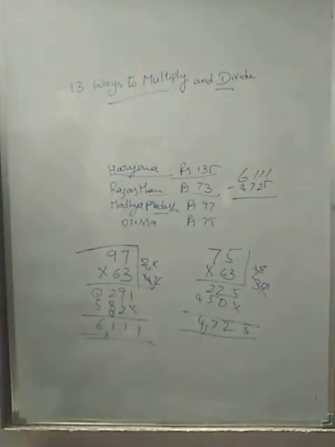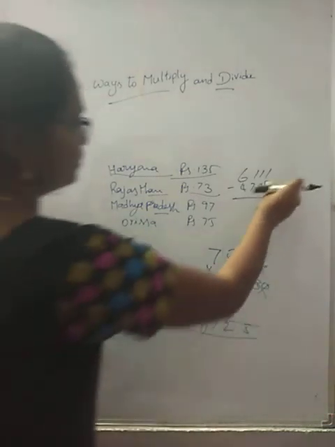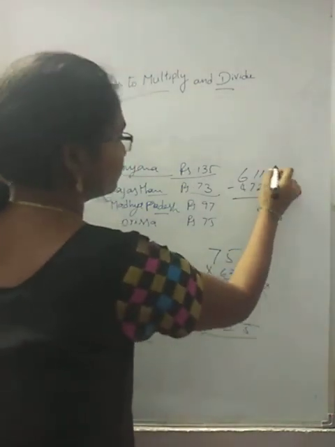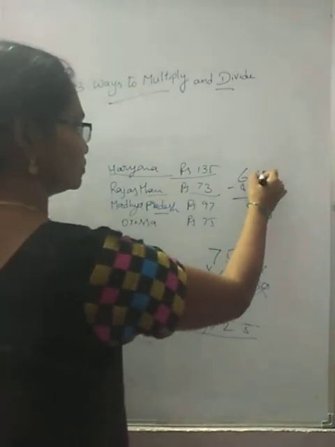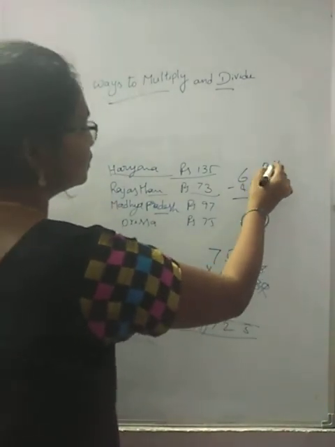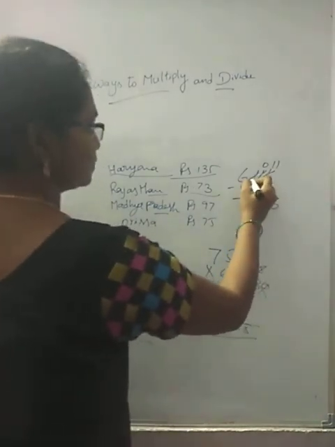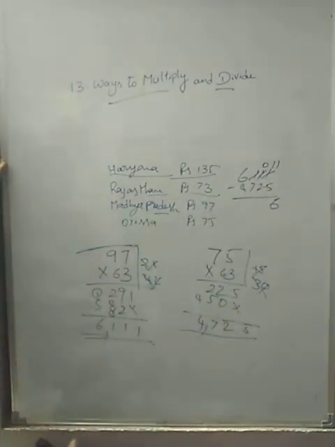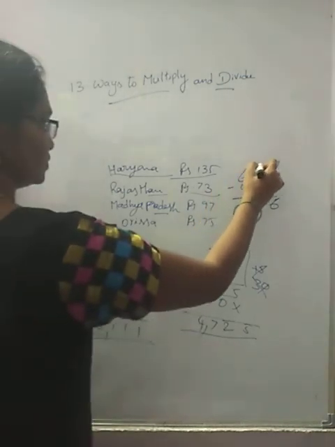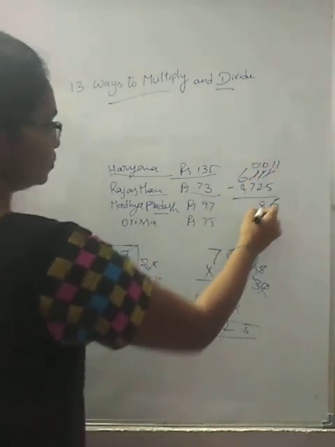Do the subtraction. 6,111 minus 4,725. See this. From 1, 5 will go? No, we should take borrowing from here. 11 minus 5, 6. Next, from 0, 2 will go? No. So we should take borrow. 10 minus 2, 8.